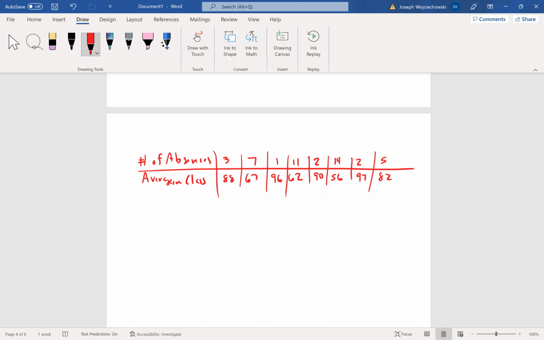So we want to find the equation of the least squares regression line. So here's what we do. Turn on your calculator. First up, hit the stat button. We want edit. So if you have edit highlighted, hit enter, and then you're going to see the L1, L2, L3 again, as we saw before.